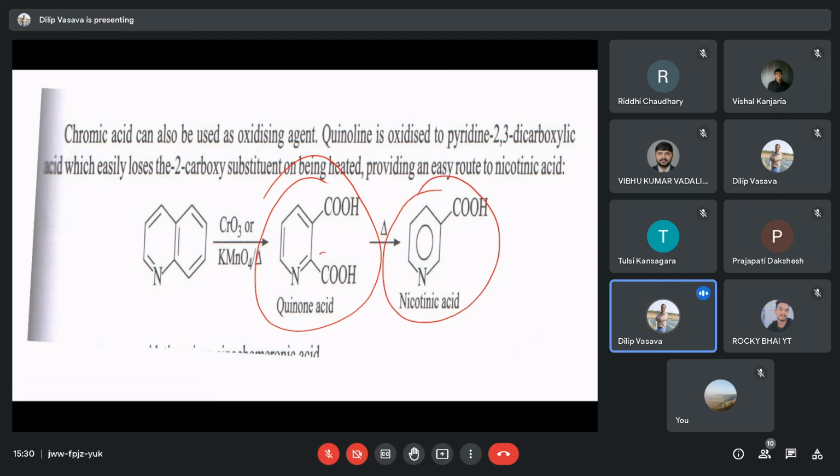One of the COOH groups releases CO2 gas, so that we get the nicotinic acid that tobacco is giving, and most of the time cancer is produced due to this compound when we consume cigarettes or tobacco, etc.